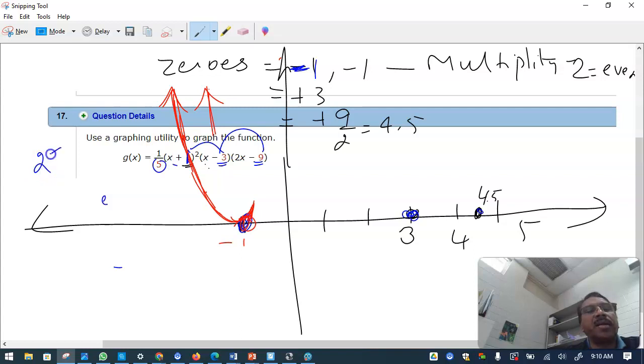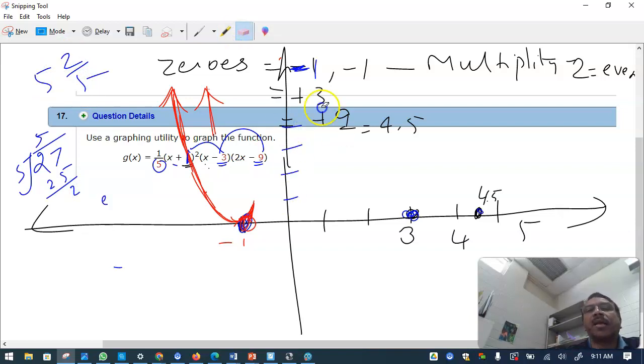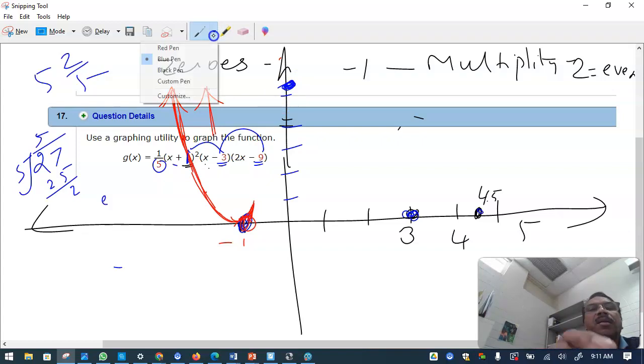So 27 divided by 5 is almost 5 and something. So if I write 1, 2, 3, 4, 5, somewhere here it has to cross.